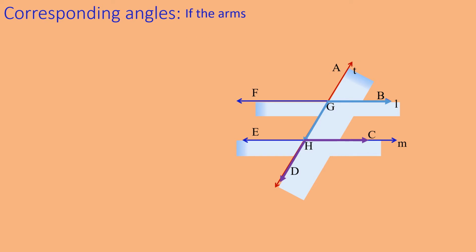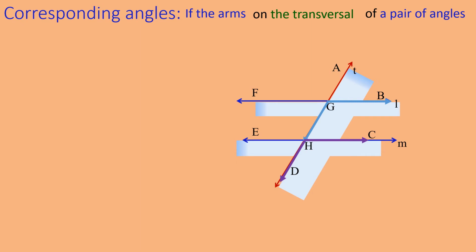Then when you observe both the angles, angle BGH and angle CHD, as you know every angle has two arms. So angle BGH has arms GB and GH, and angle CHD has two arms, that is HC and HD, out of which the arms on the transversal, GH and HD, are on the transversal T.